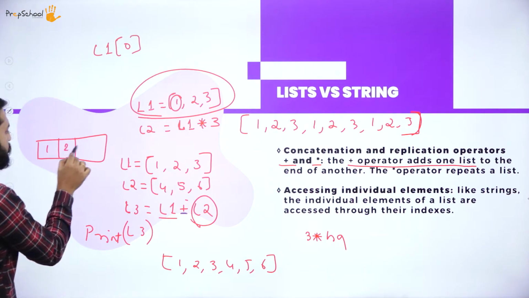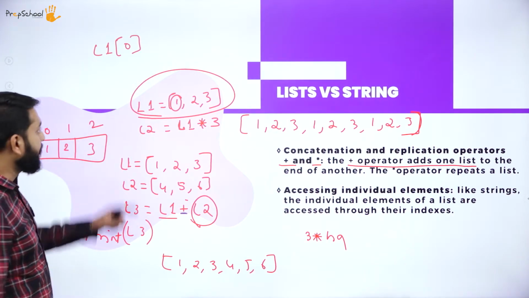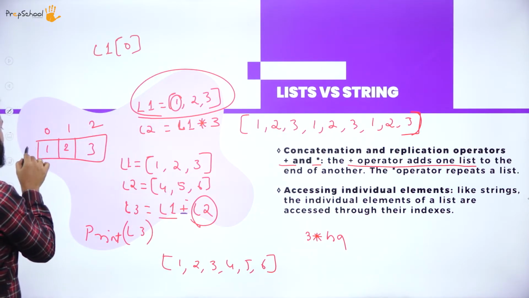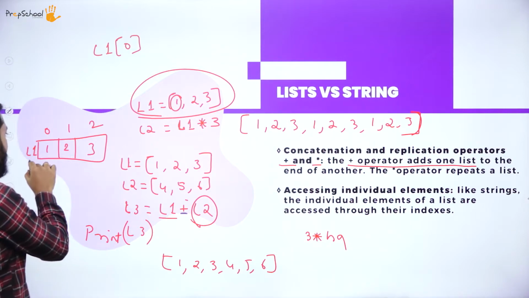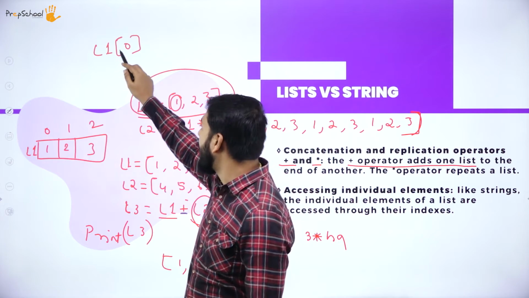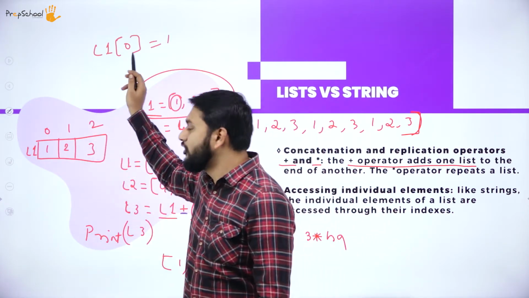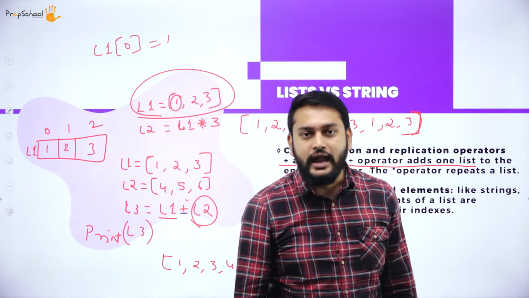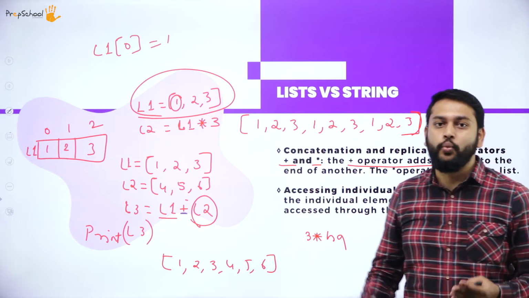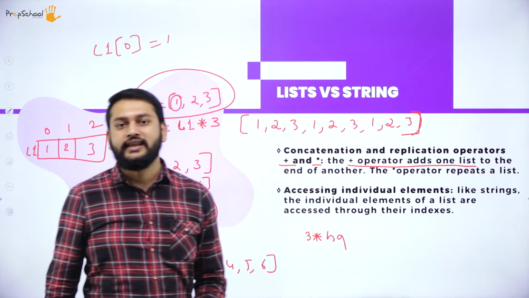The elements are 1, 2, 3 and the index is 0, 1, 2. What is the name of this list? L1. So L1 of 0, please observe, I have 1. L1 of 0 is 1. If I print L1 of 0, I'll get 1, right? So this is how I will be accessing the individual elements inside the list, is what you need to understand.